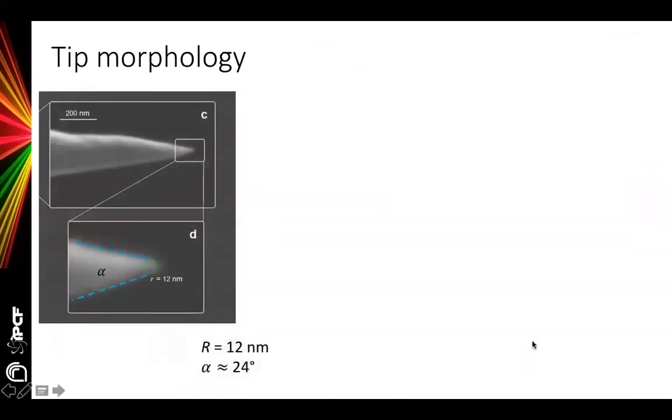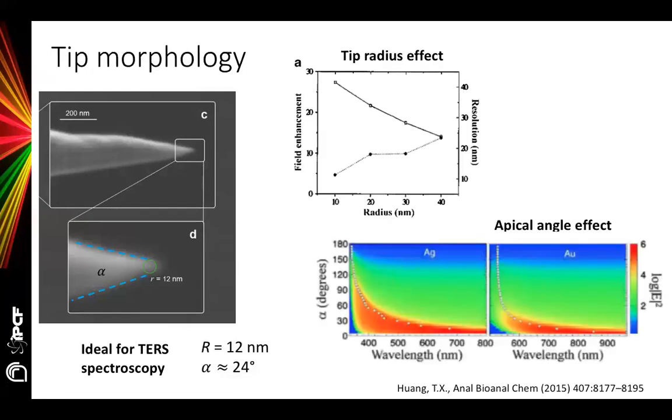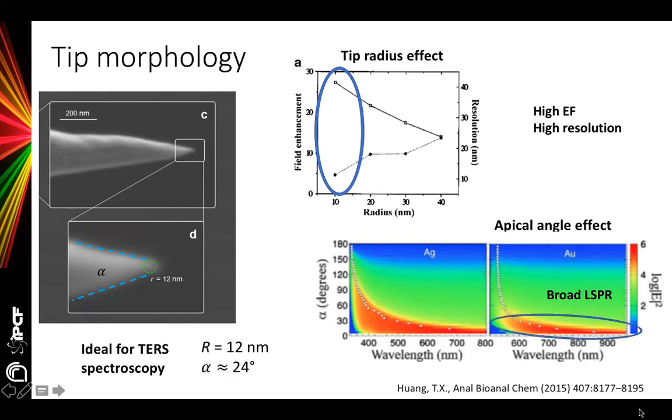Together with a small apical angle, in this case 24 degrees, we have ideal TERS tips, since the small radius ensures high field enhancement and high spatial resolution, while the low apical angle ensures a broad LSPR covering the whole visible spectrum and permitting a large tunability for the excitation laser beam.